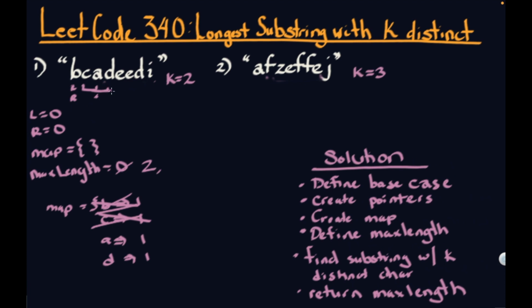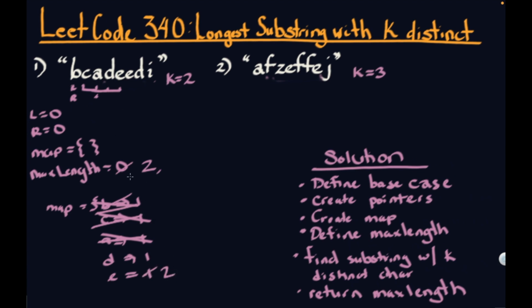We're going to go again to the right, and then we're going to see E. We're going to add E in there, and it's the first one we've seen, so it's only going to be 1 value in the map. But it also breaks our condition, so we have to contract from the left. We have to take that A out, right? And then we're going to keep going. We're just going to update the E again.